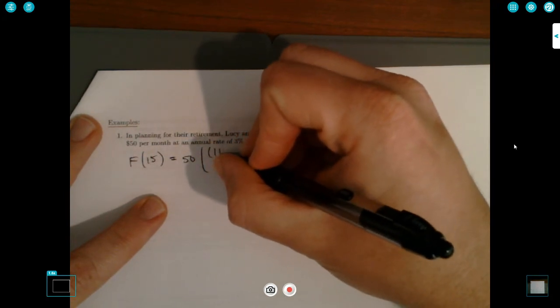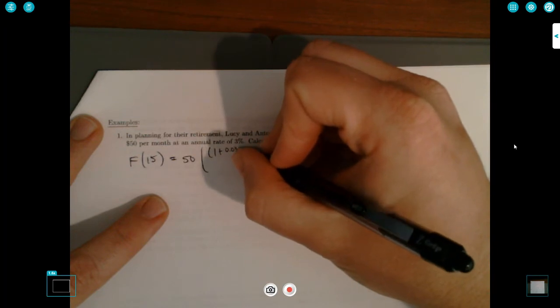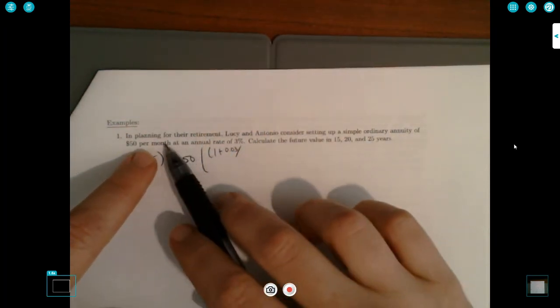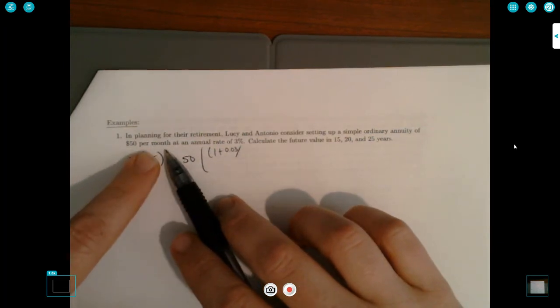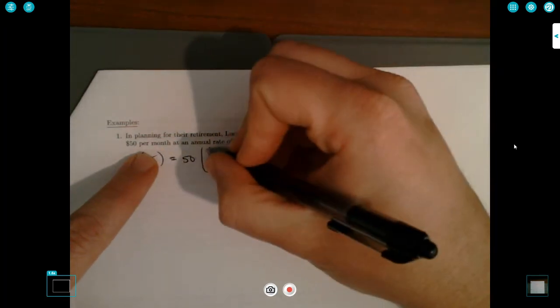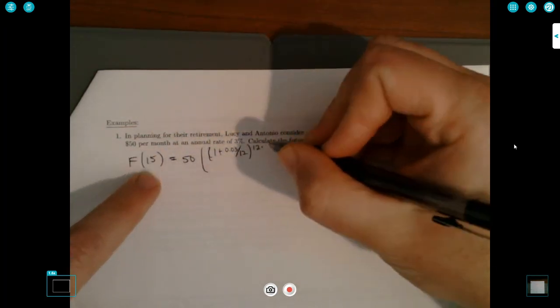So 1 plus interest rate is 3%, so 0.03 over M, where M is the number of times it's compounded each year. In this case, they're depositing $50 per month, so M is 12. So that's 1 plus R over M to the MT, so 12 times 15 years.